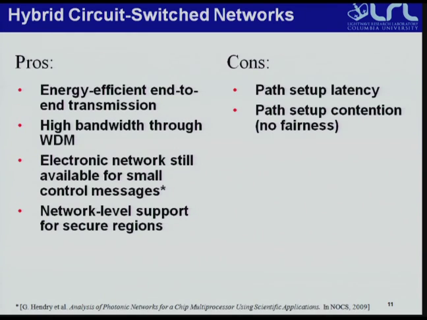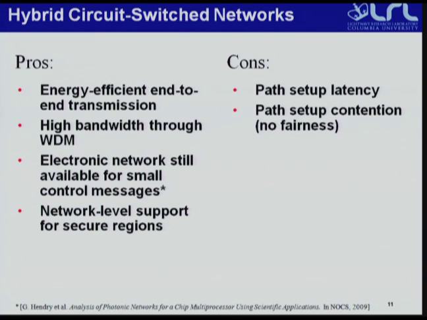So some of the pros that you can imagine with doing it this way is that, like I said, it's energy efficient. Optics is best used end-to-end, when you don't have to electronically buffer in between. And so we get this end-to-end energy efficiency. It's also high bandwidth, as I mentioned. Doing it this way, we also have the electronic network, which is still available for things like small control messages, I'm thinking synchronization phases between applications, application threads.